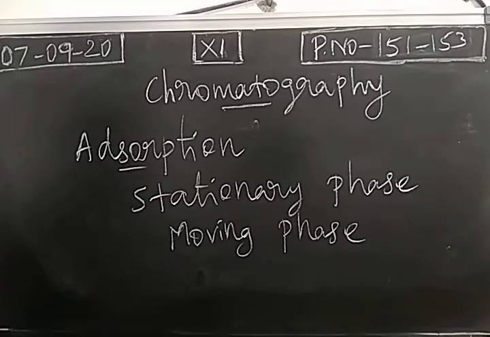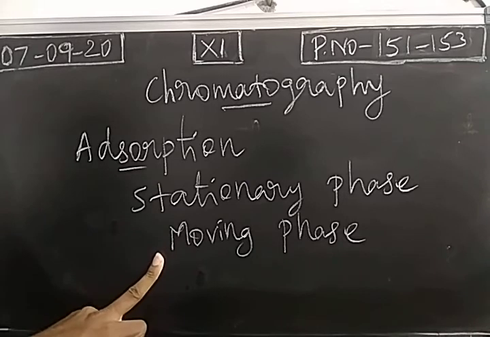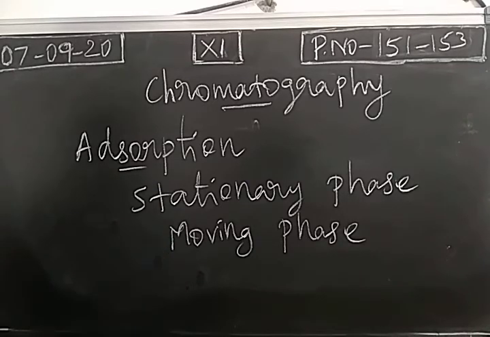So the chromatographic technique is of two types, adsorption chromatographic technique and partition chromatographic technique. In both cases, two phases will be there, stationary phase and moving phase. The stationary phase may be a solid as well as liquid. The moving phase will be a liquid or gas.